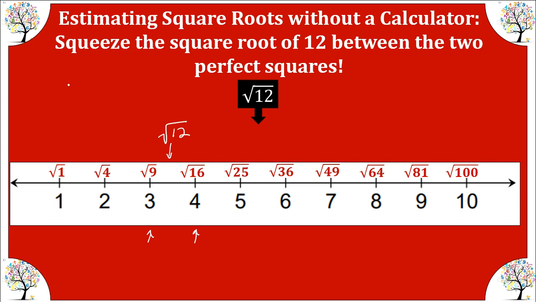The square root of 12 is sandwiched between the square root of 9 and the square root of 16. This is just saying the square root of 12 is greater than the square root of 9 and less than the square root of 16. So that's the first step: to decide between which two perfect squares our non-perfect square lies.